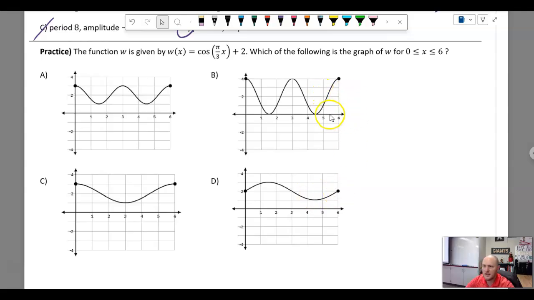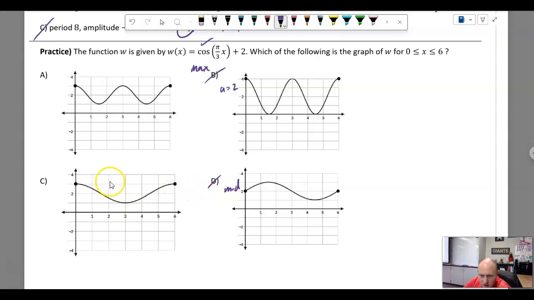Nothing too crazy. But this is a cosine function, so cosines always start at a maximum, and our amplitude is 1. So it's not going to be b, because this would be an amplitude of 2, and it's not going to be d, because this one's starting at a midline. Notice it's starting at a midline. We can throw that one away.